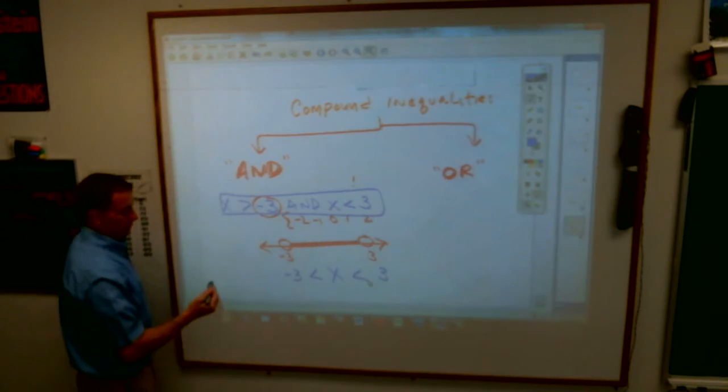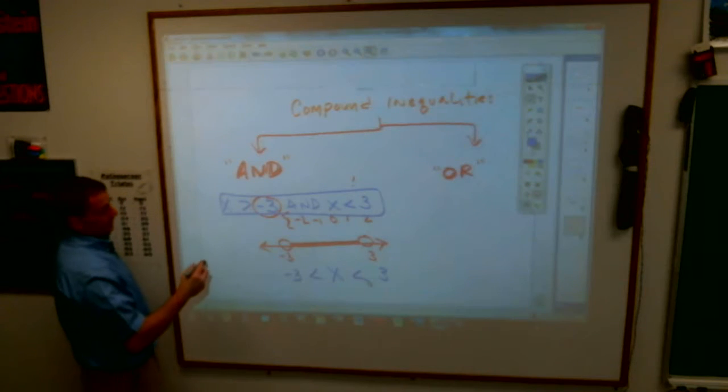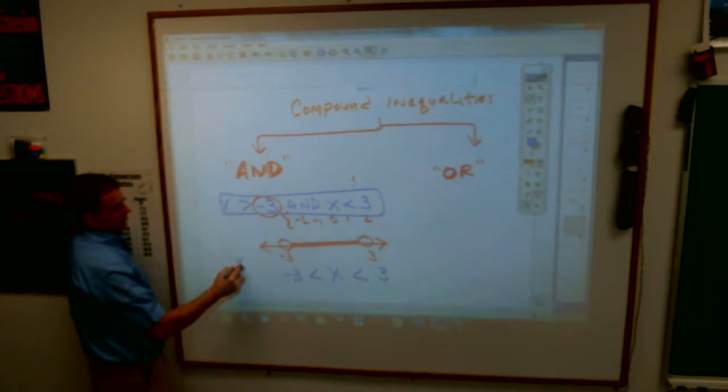So when you see another "and" one, let me just throw another one at you. Let's say my inequality is like this.